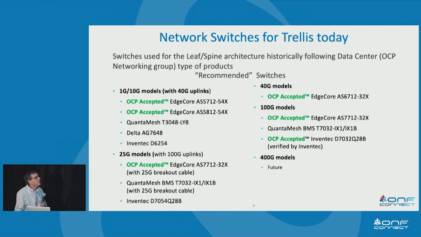For switches for the Trellis network, there's everything available, from 1 gig switches all the way up to, of course, now 400 gig switches available through OCP. So all of those types of switches are available to create a Trellis architecture from various vendors that are listed up here. The vendors that are listed in green, of course, have gone the extra step and contributed their designs to OCP. That's why they're highlighted.